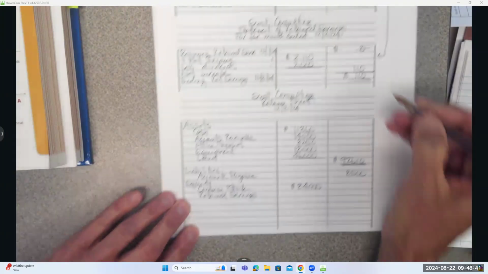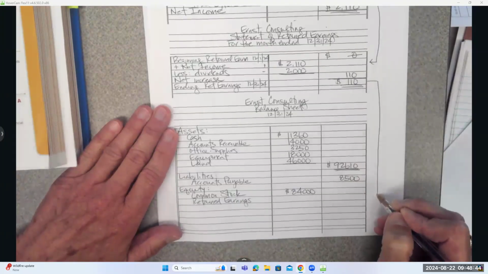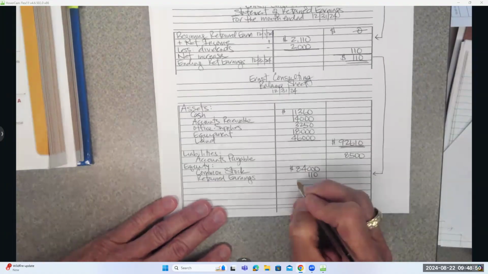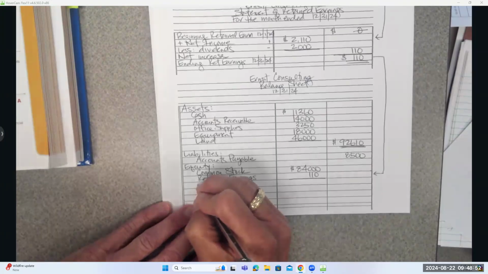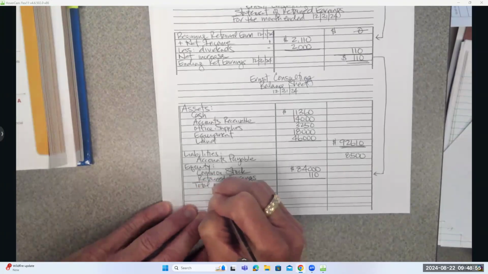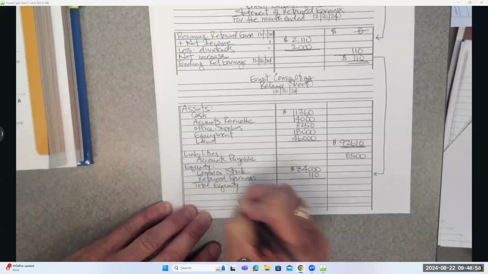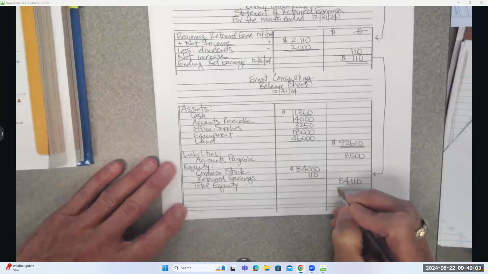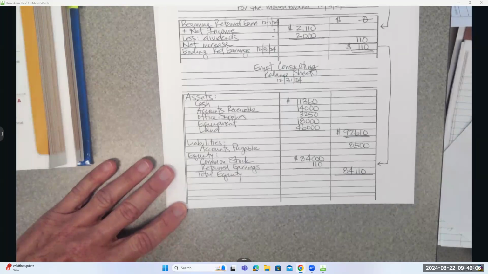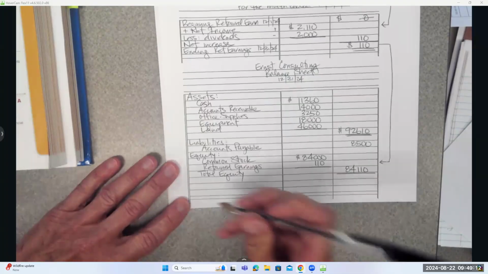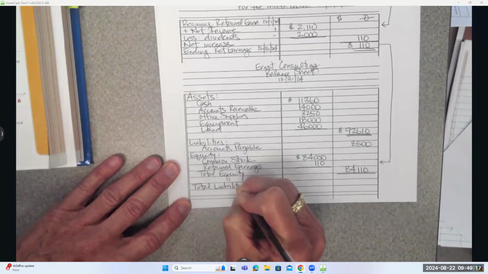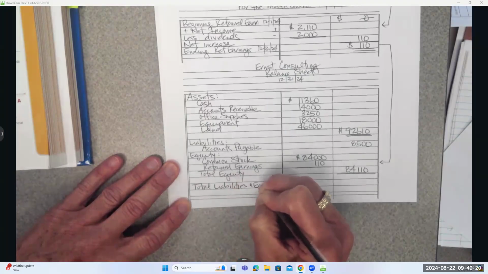And then retained earnings is from here. The ending number as of December 31st is 110, which gives us total equity of 84,110. And then the right side of our fundamental accounting equation, total liabilities and equity.